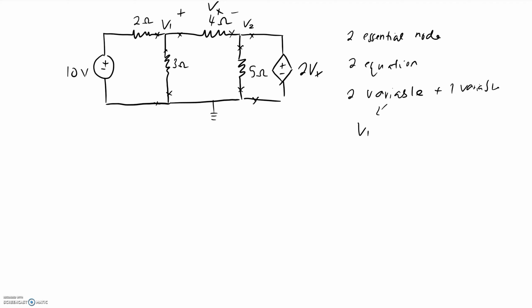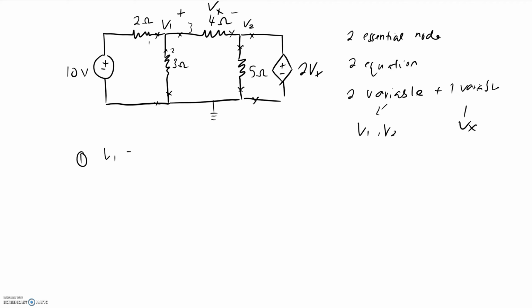So V1, V2, and Vx. So 3 variables. It means that 3 equations. So the first equation came from the first node. You can see that there are 3 branches: 1, 2, and 3.